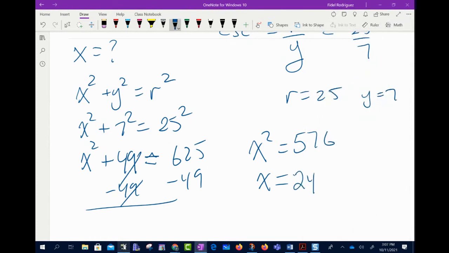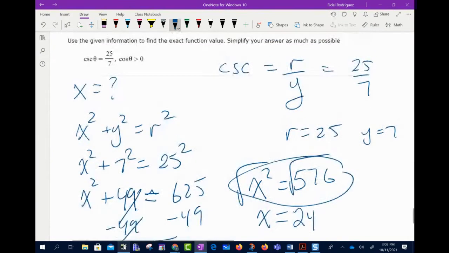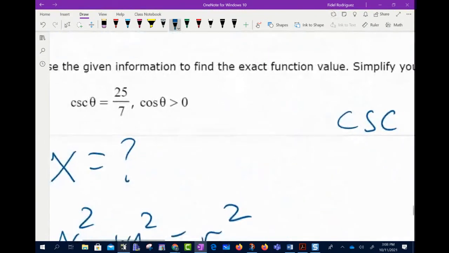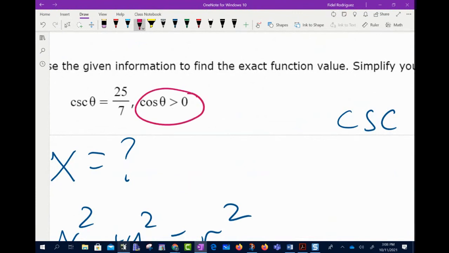Okay, so guys, notice what we're doing here. When I get to this step, I'm really taking the square root on both sides. The question is, am I going to use the positive square root? Am I going to use the negative square root? When I come back to my original problem, look what it's telling me. It's telling me that the cosine is positive, right? So remember how the cosine is defined? The cosine is defined as x over r, right?